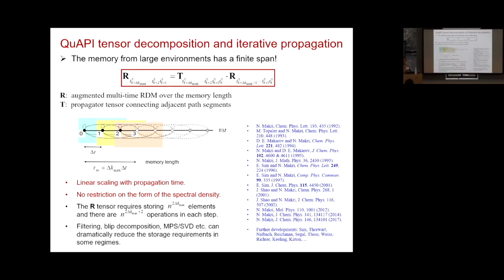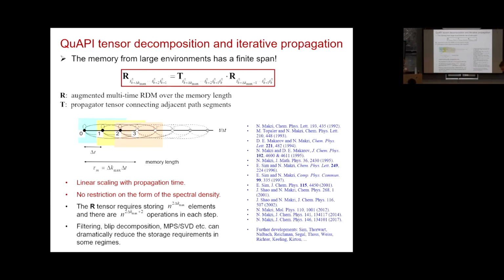In practice, even in those very early days, we did not store this in general. What we did back then in the mid-90s, we did a simulation of electron transfer in photosynthesis with three states and with a memory length that was 35 units. And this would not have been possible if we had to store everything. So what we did is we applied filtering techniques, realizing that the vast majority of those paths that span the memory length have exponentially small weights. We don't need to include them at all.